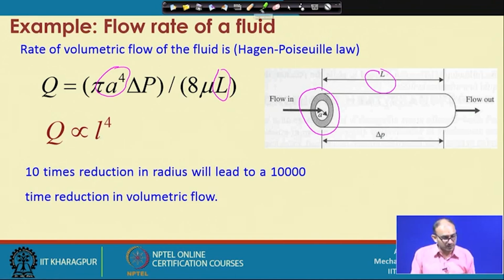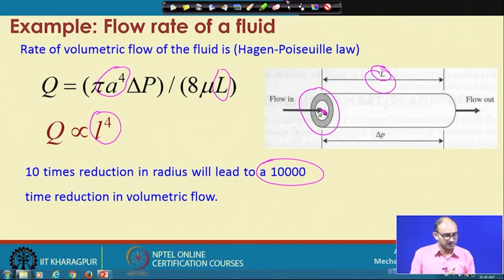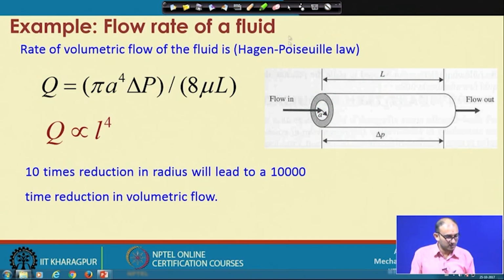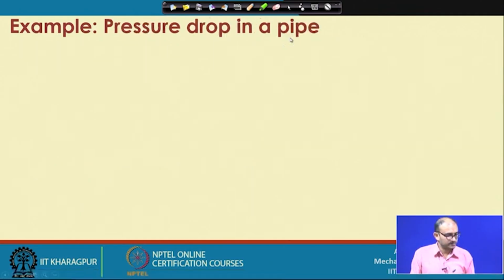Length is also a parameter of the length scale, but let us not change the length right now, and see how much flow we can pass through this. So, with reduction in this particular length scale, that is the diameter, the volumetric flow will reduce 10,000 times. That is a problematic situation which we have to encounter in microfluidics.